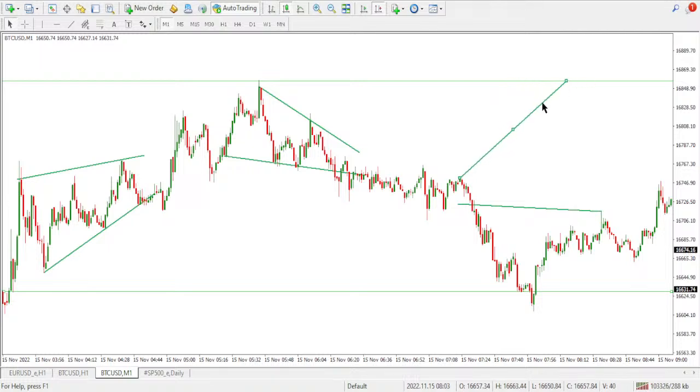So we'll have something like this. Then the price enters into that shape from the lower side maybe. So you may look for a break below the lower line so that you continue looking for sell positions, or you may look for a break above the upper line so that you keep looking for buy positions.